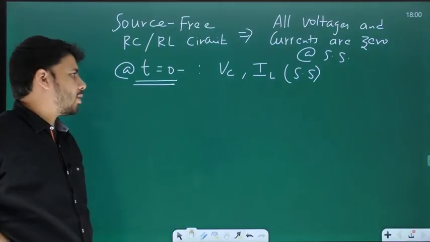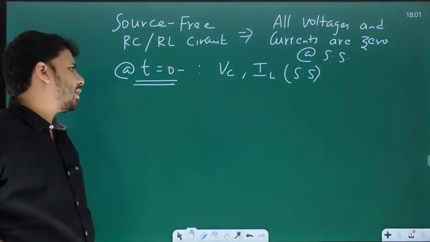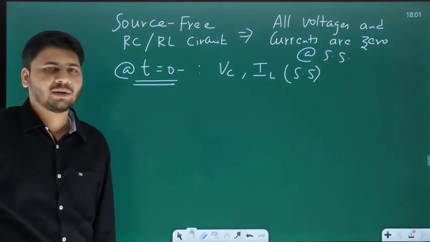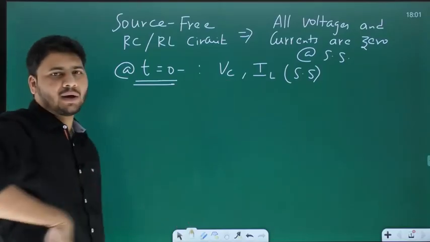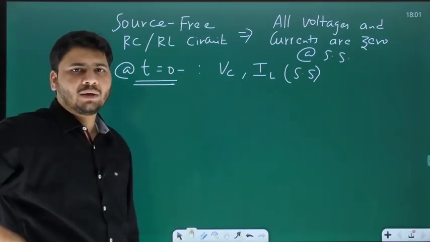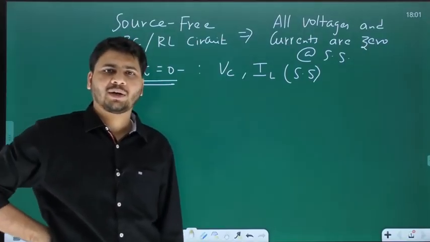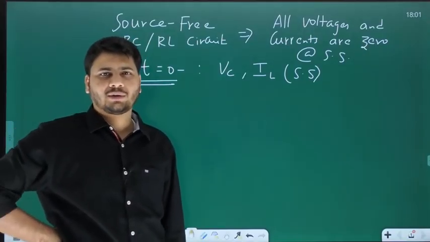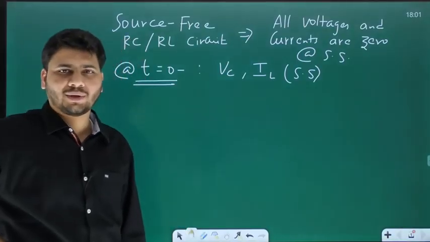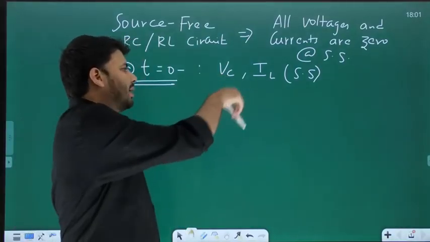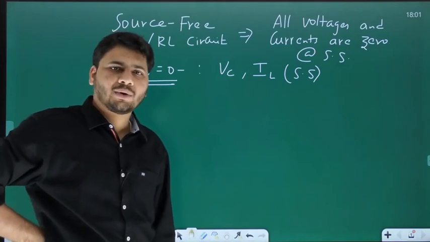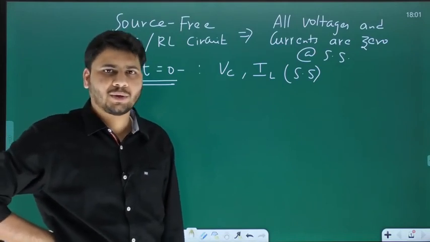So my point is, when you draw the circuit at t equal to 0 minus, we only find Vc and IL, but we do not find the voltage drop across some resistor in the network, because the voltage drop across a resistor can change from 0 minus to 0 plus, whereas Vc and IL do not change from t equal to 0 minus to t equal to 0 plus.